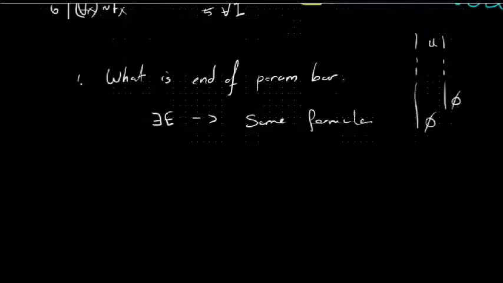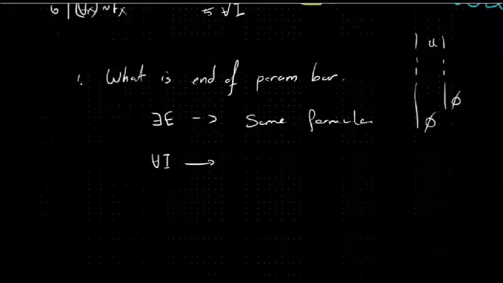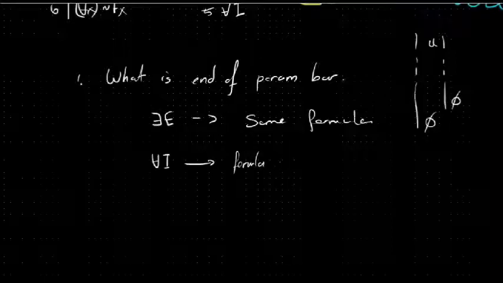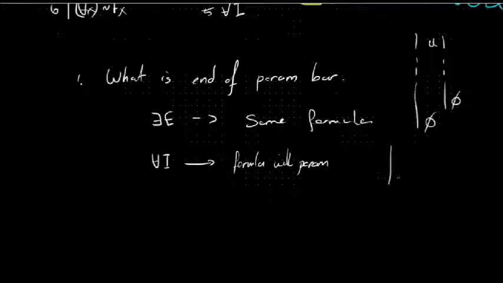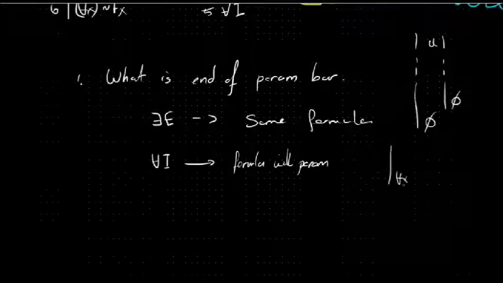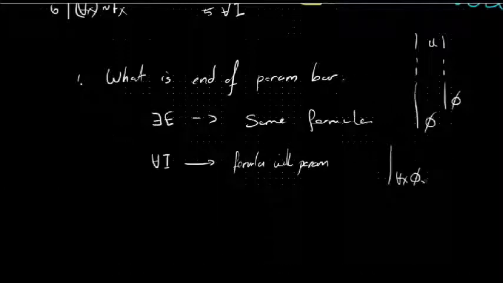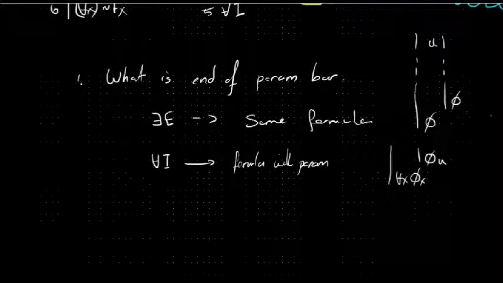Okay, if it is a universal introduction, then it's the formula with parameters. Yeah, so in other words, if we're trying to derive ax phi x, we need phi u. Okay, so what is the end of the parameter bar?